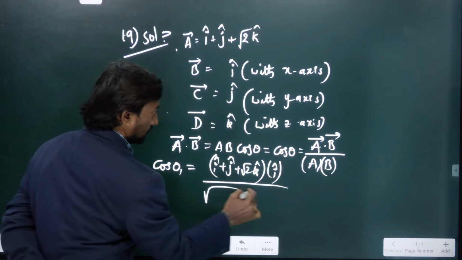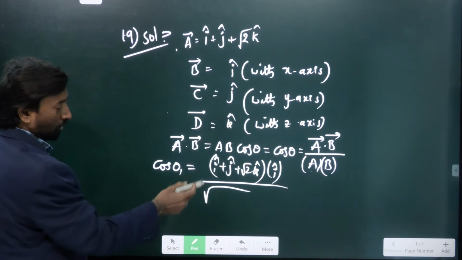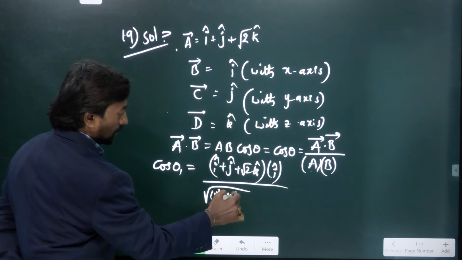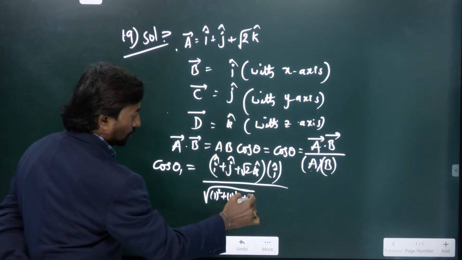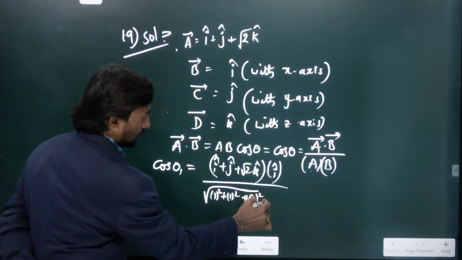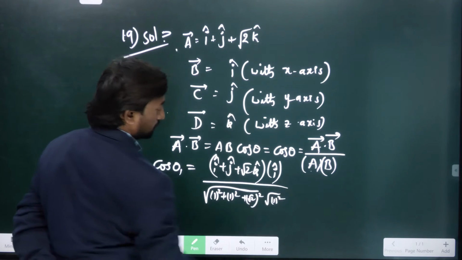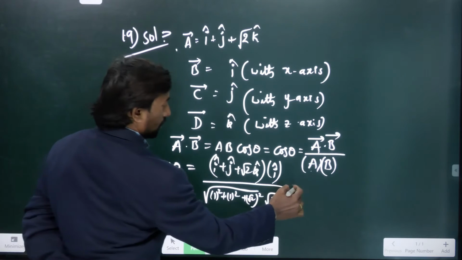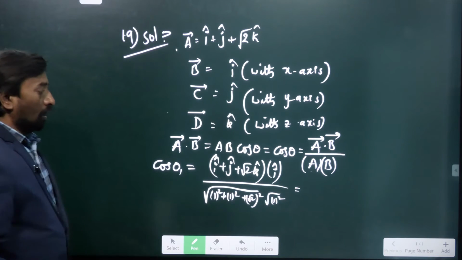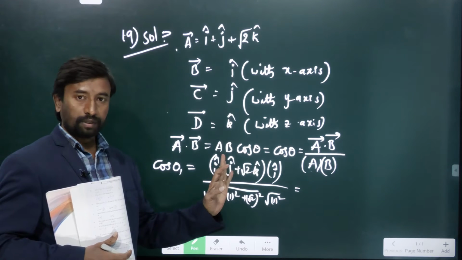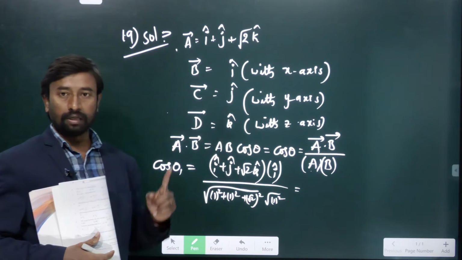the magnitude of a bar, which is 1 whole square plus root 2 whole square, and b bar is 1 square. Now j cap dot i cap is 0, k cap dot i cap is 0, and only i cap dot i cap is 1.